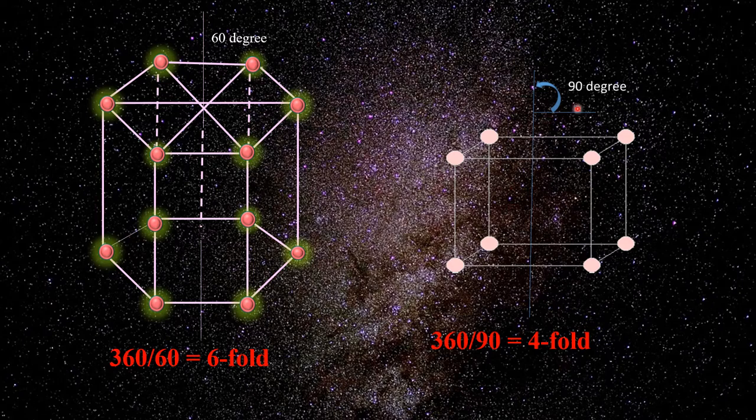So when we rotate this cubic structure through 90 degrees 4 times, we get the same cubic structure. So this is the fourfold cubic structure, that is, upon 4 rotations we get the same crystal structure once again.